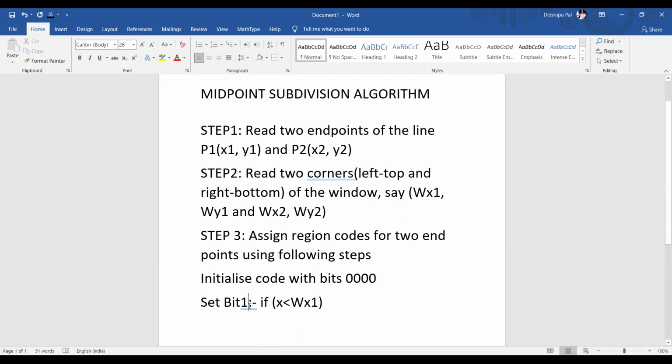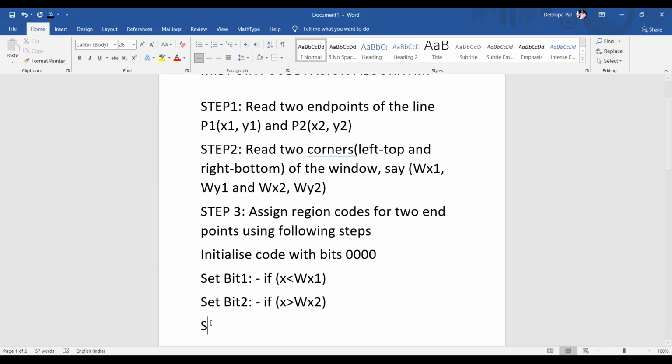Similarly, we will write set bit 2 if x is greater than WX2. Set bit 3. What is the value of bit 3?